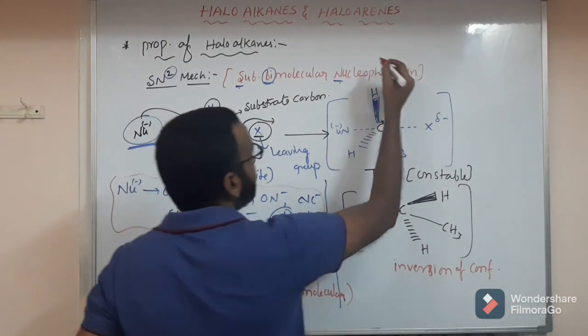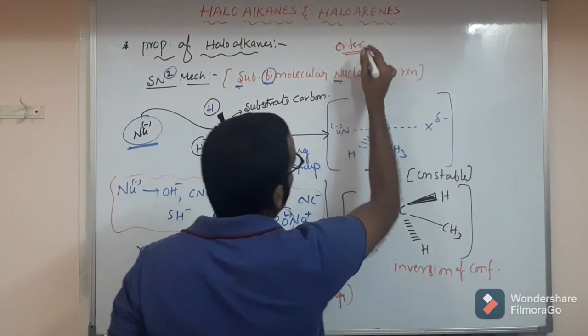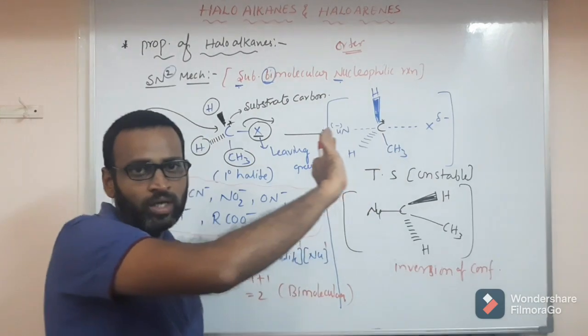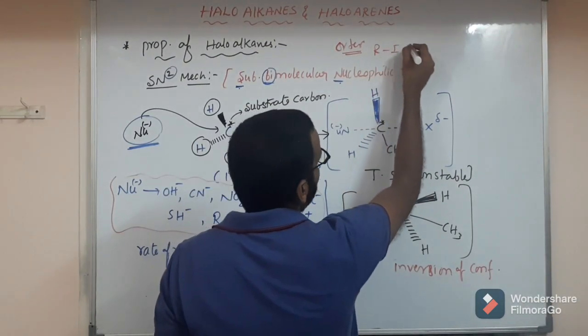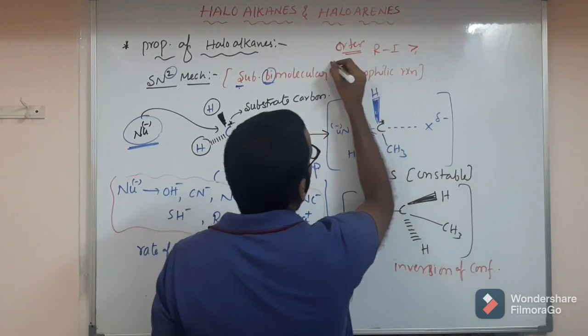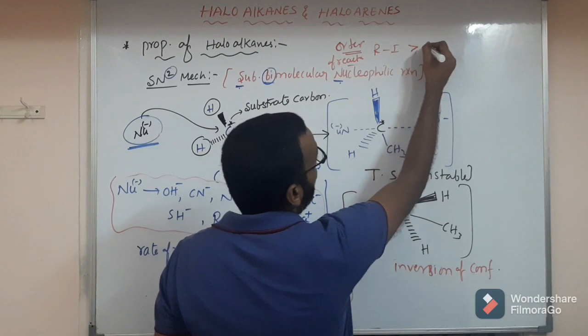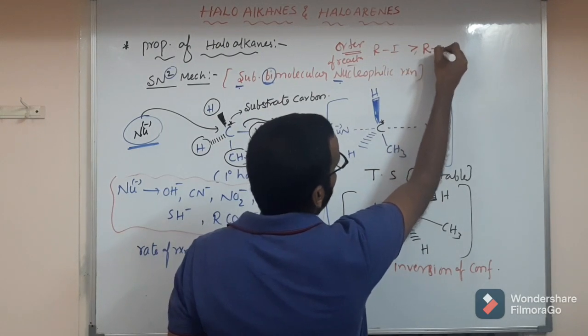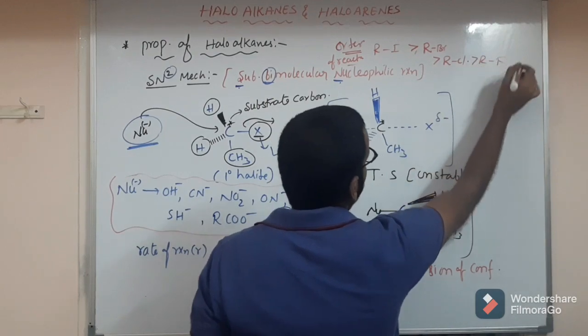Here, what alkyl halide can undergo this kind of mechanism easily, meaning which can react fast? The order of reactivity is RI, then RBr, then RCl, then RF.